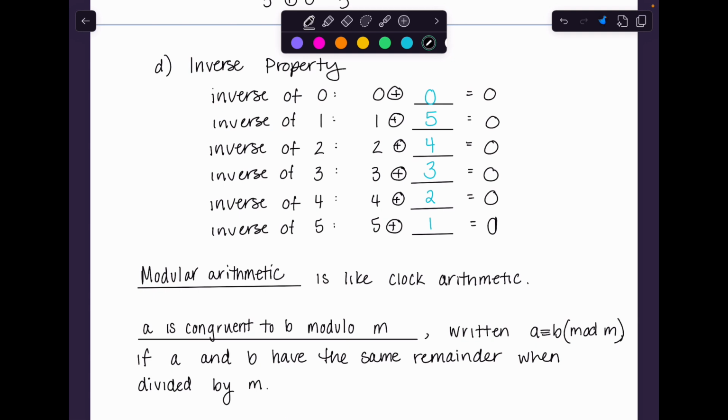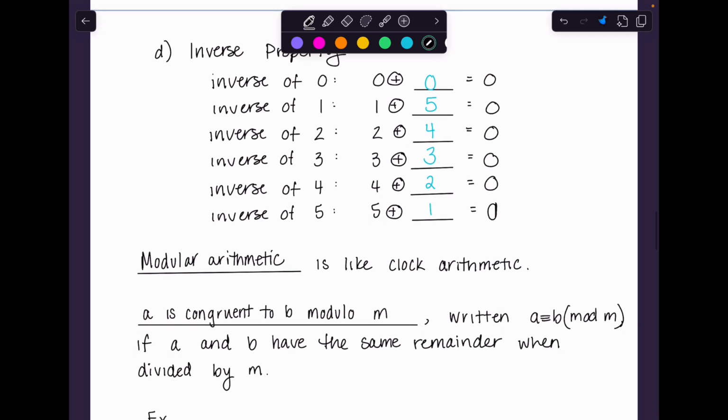This is called our modular class though. But the way these are going to be congruent is if they end up having the same remainder when you divide by M, okay? So I'm going to show you an example with this, but you're definitely going to need a calculator for some of this stuff. We're going to do division by hand, but you are going to probably still need a calculator for that.